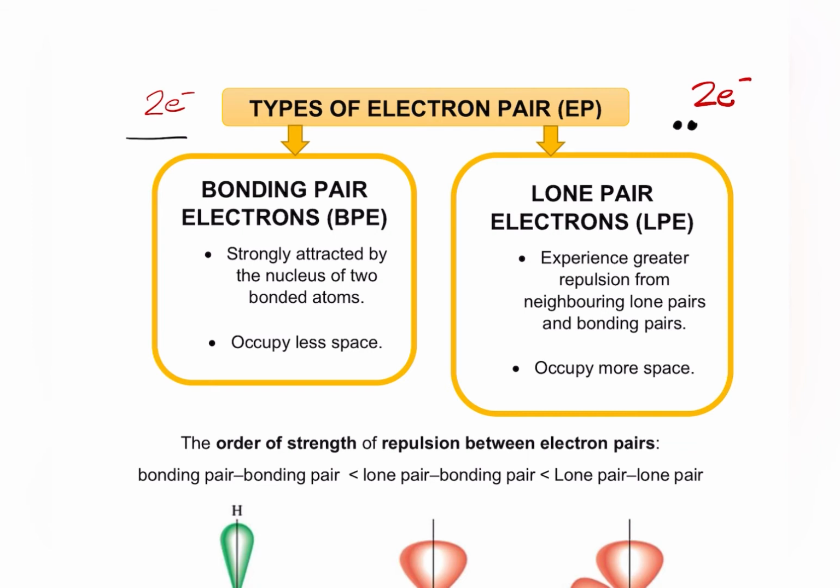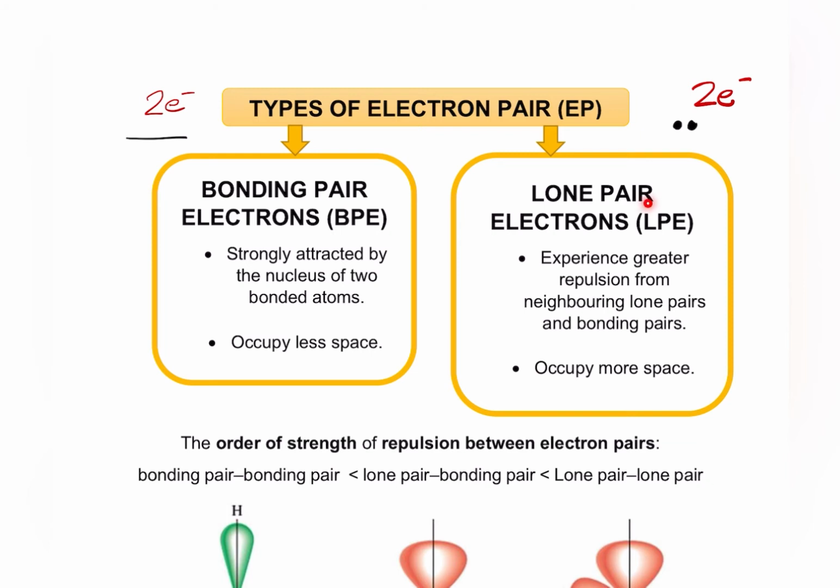And what will happen next? Awak kena faham different types of electron pair memberikan strength yang berbeza. Contohnya, a bonding pair is strongly attracted by the nuclei of the two bonded atoms and it occupies less space compared to lone pair electrons when we do the 3D arrangement of molecular shape.